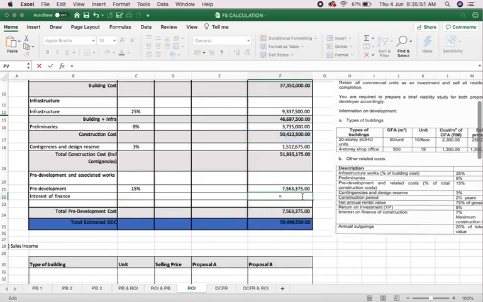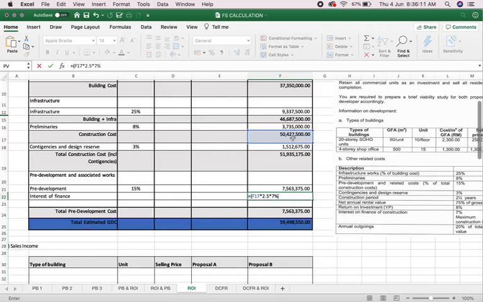Alright, use the formula again: construction cost times 2.5 years, because the construction cost takes 2.5 years, times the percentage, which is 7%.